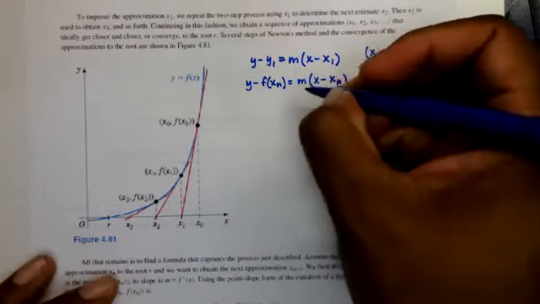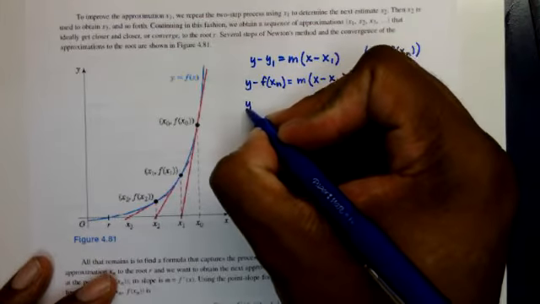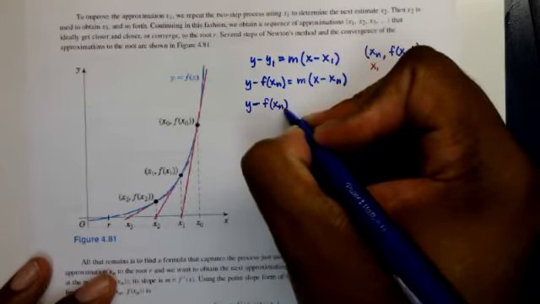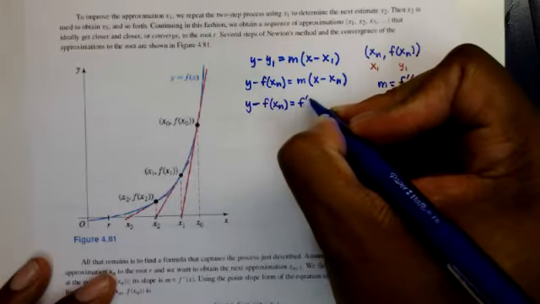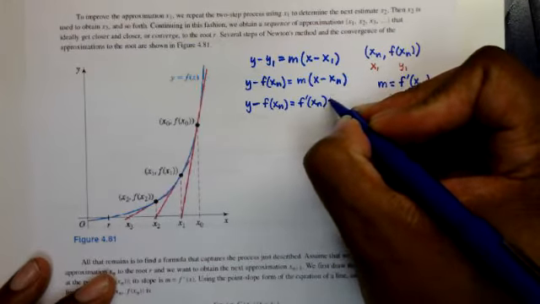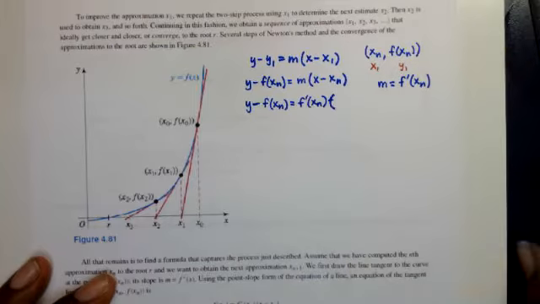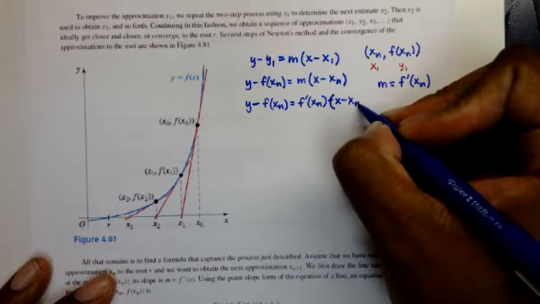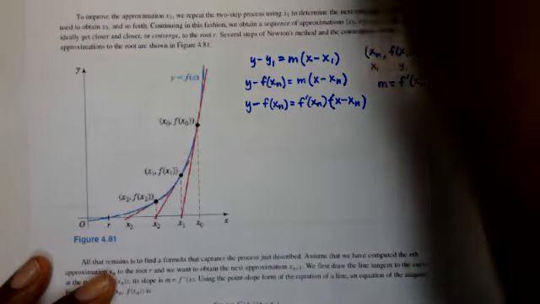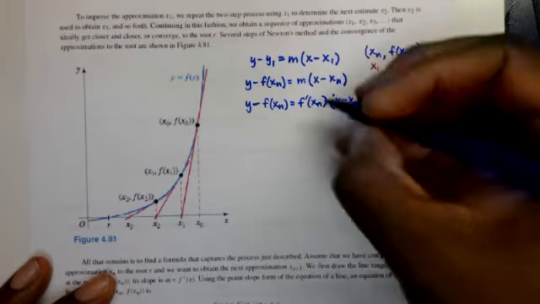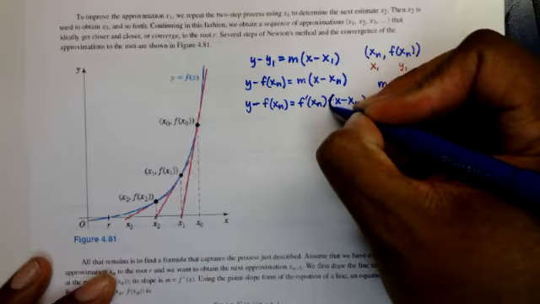So let's replace that m. I'm going to bring down the y minus f of x of n, replace the m with f prime of x sub n, times the quantity x minus x sub n.